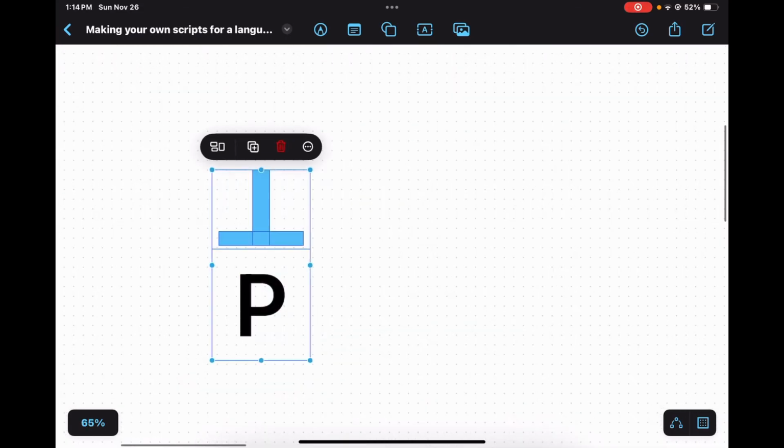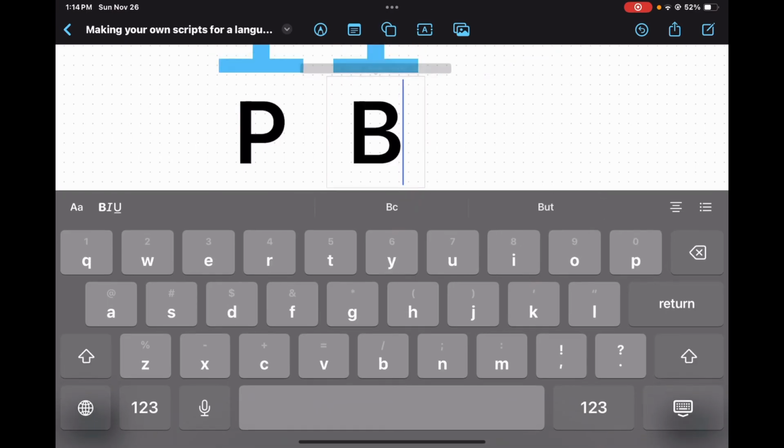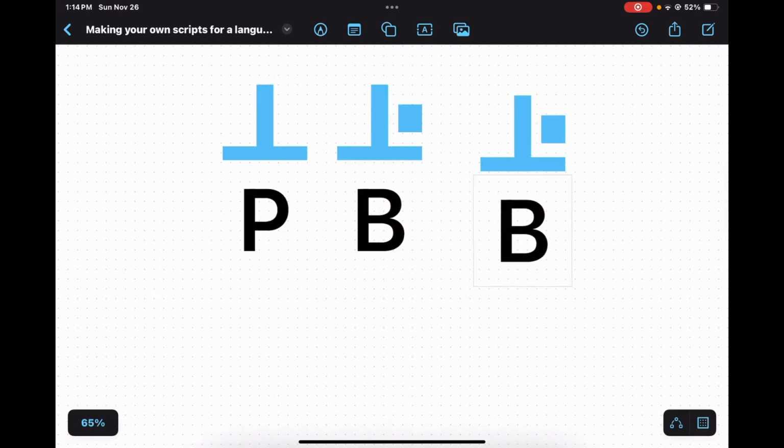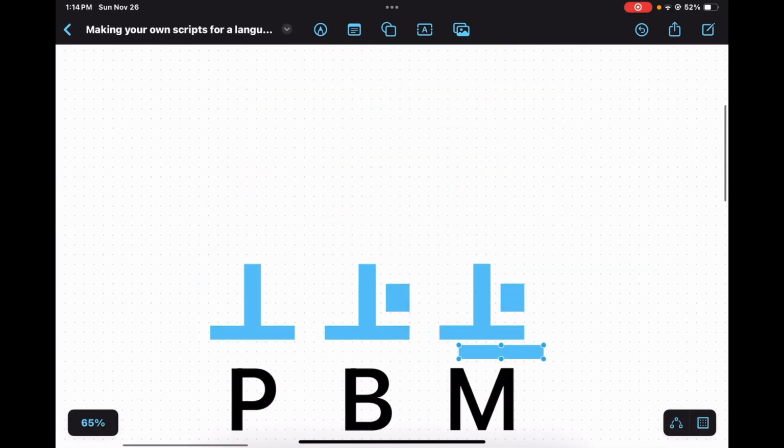And then maybe you could add a dot right here to represent a voiced. And then maybe a line above to make it a nasal.